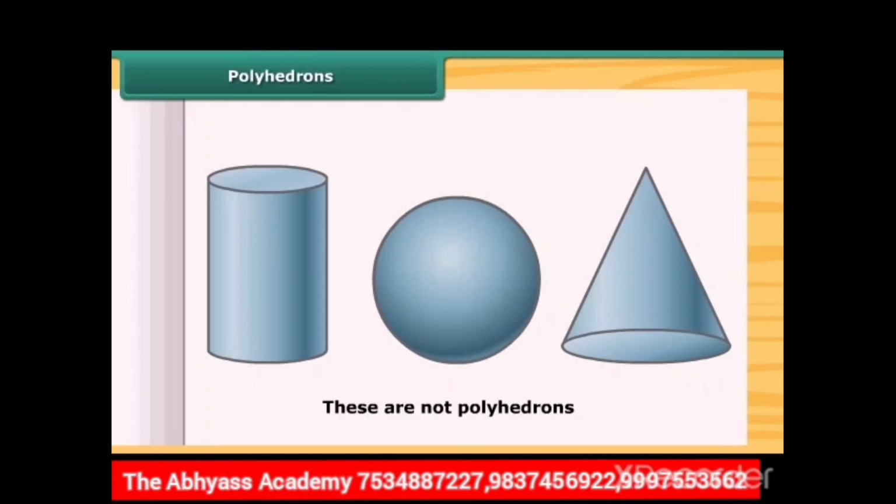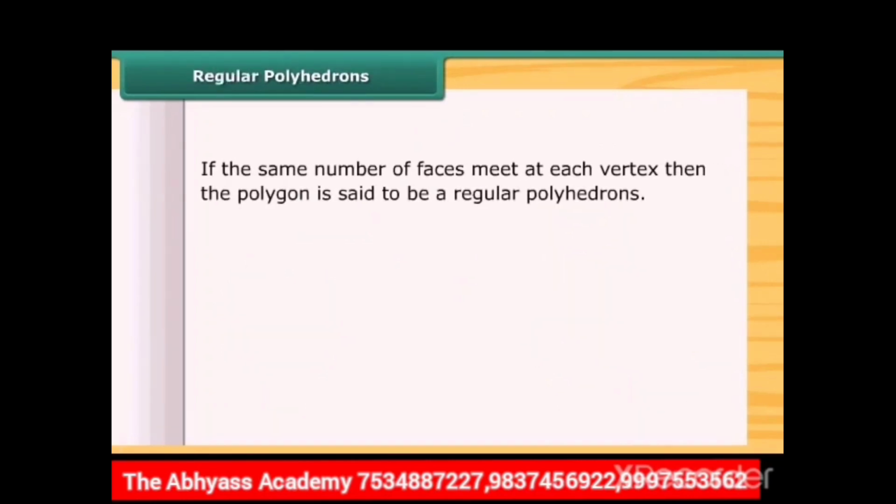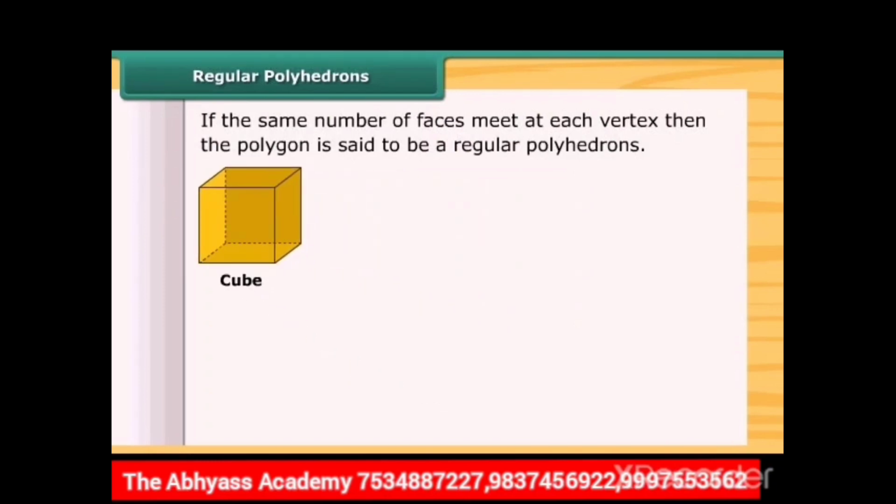You are right, these are not polyhedrons because they do not have flat faces. If the same number of faces meet at each vertex, then the polyhedron is said to be a regular polyhedron. A cube is a regular polyhedron because here 3 faces meet at each vertex.